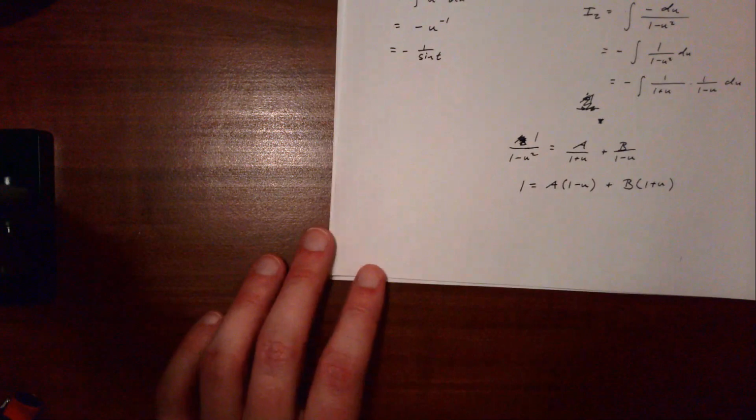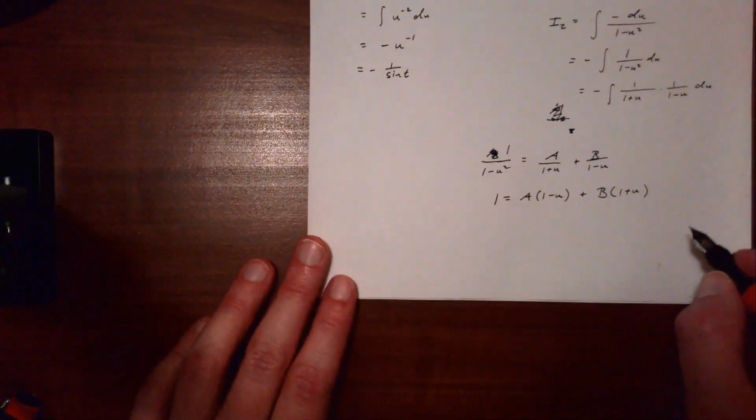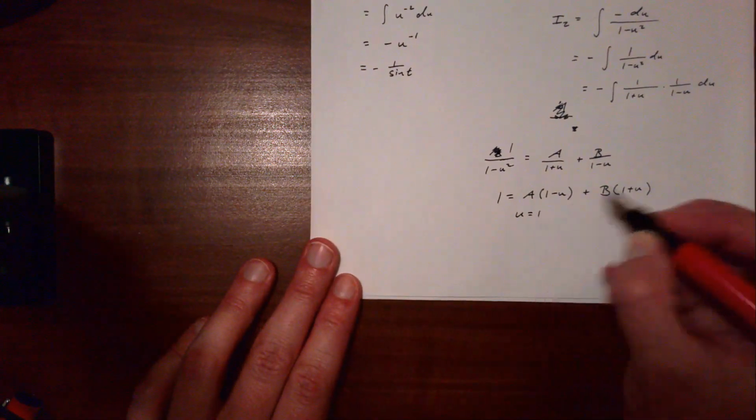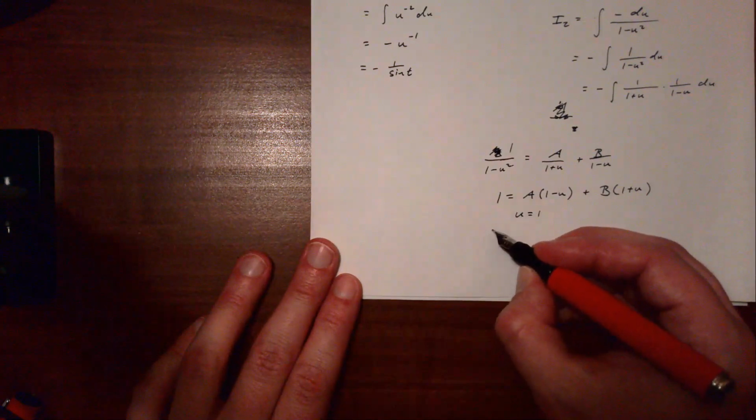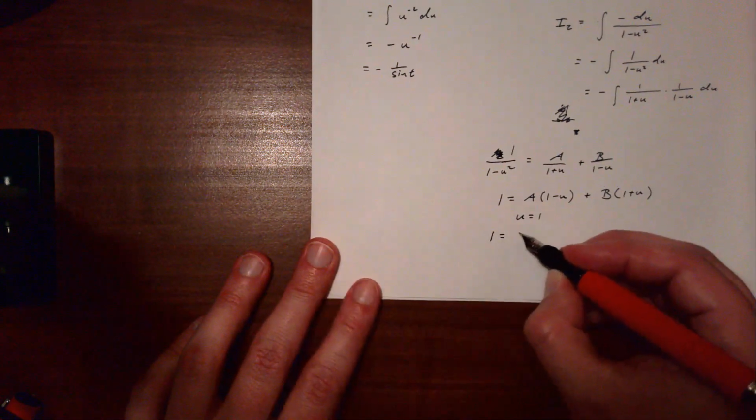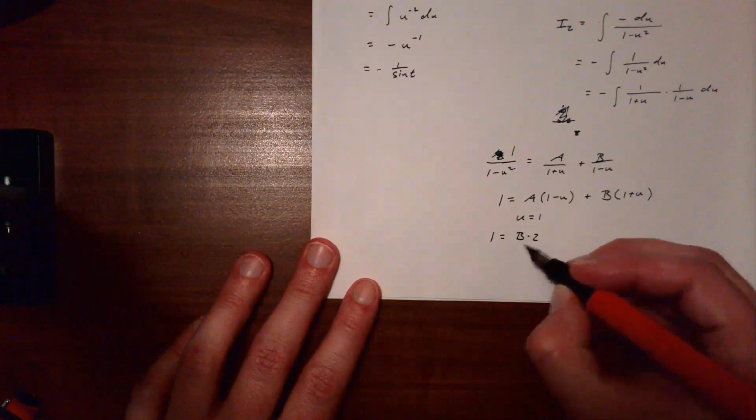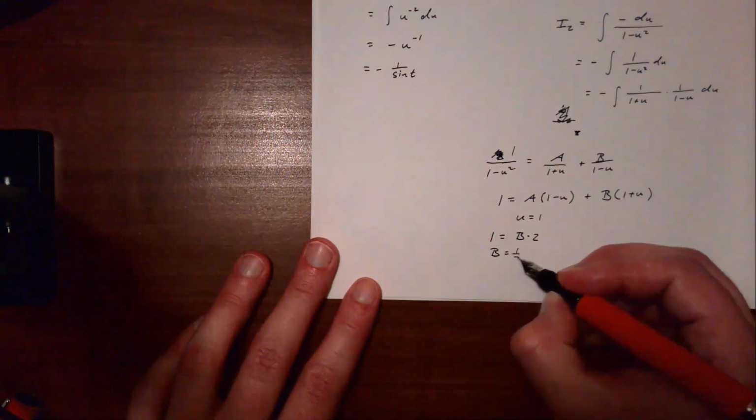And if I set u equal to strategic values, if I say u equals 1, for example, then 1 equals b times 2, which means b equals 1/2.